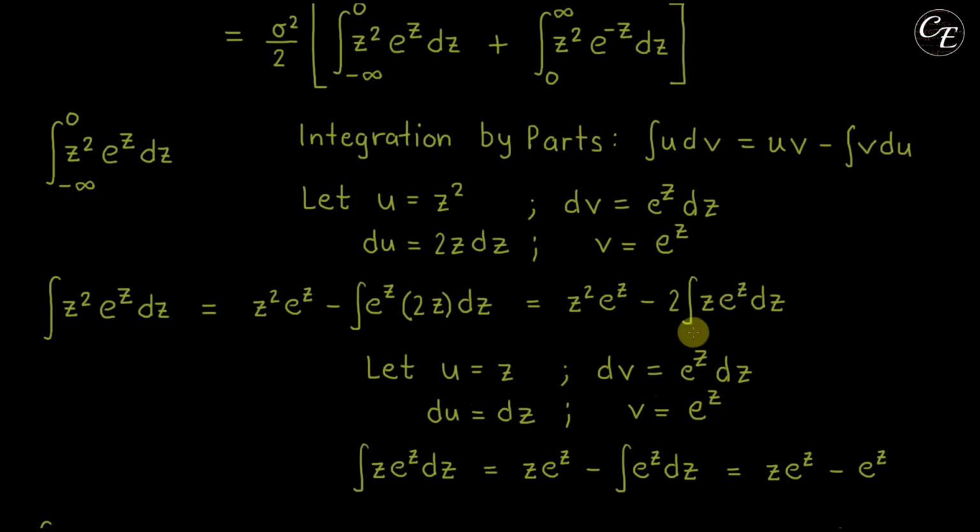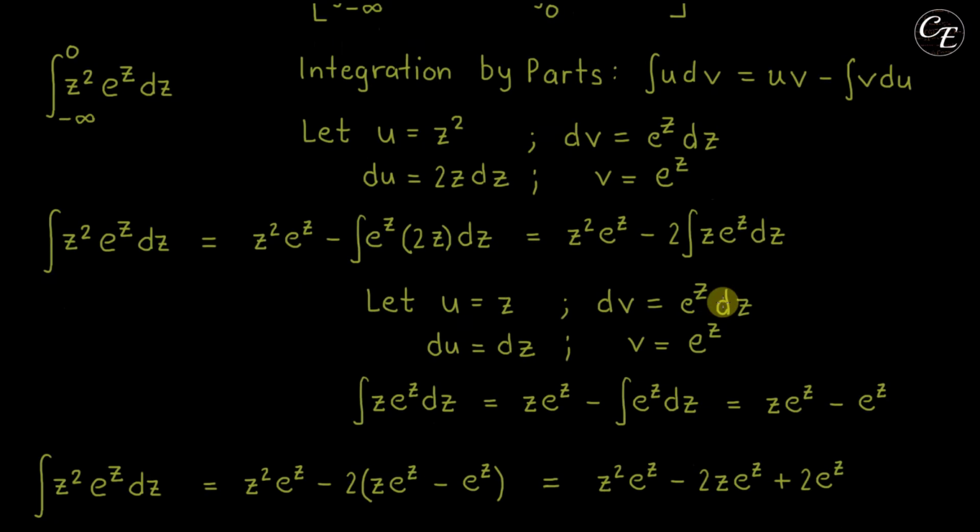Then this integral of u dv is equal to uv, which is z times e raised to z, minus integral of v du. We have v, which is e raised to z, then du is dz. Then we have z e raised to z minus the integral of e raised to z dz, which is just e raised to z. Then we can substitute this one in here.